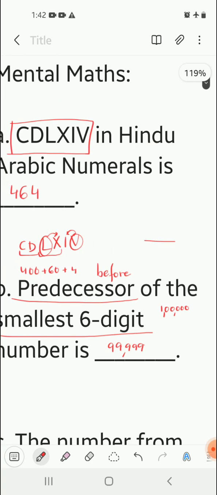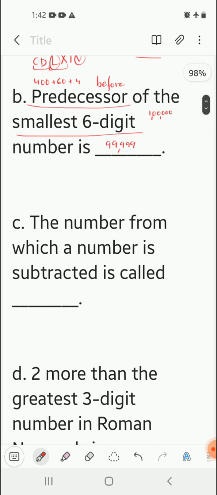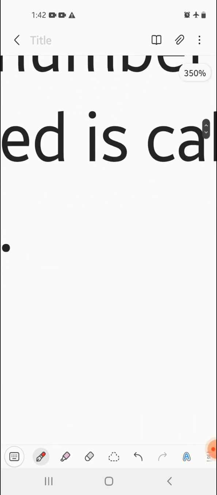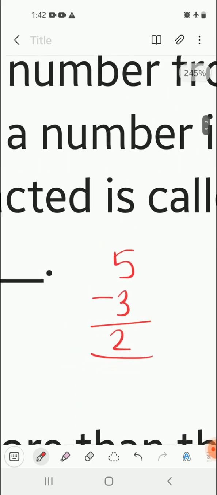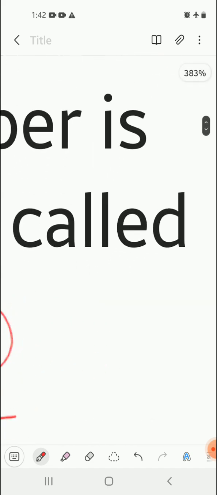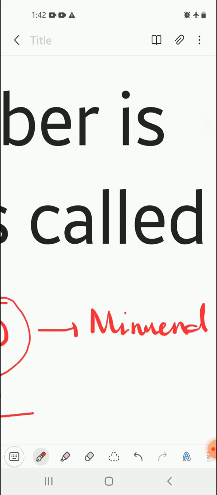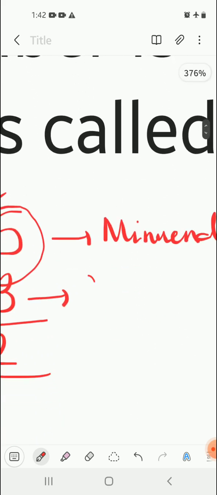It's done. Now we are going to move to the next question, that is, the number from which a number is subtracted is called. Like 5 minus 3 is equal to 2. So the number from which a number is subtracted, that is this, is known as the minuend. And the number subtracted is known as the subtrahend.